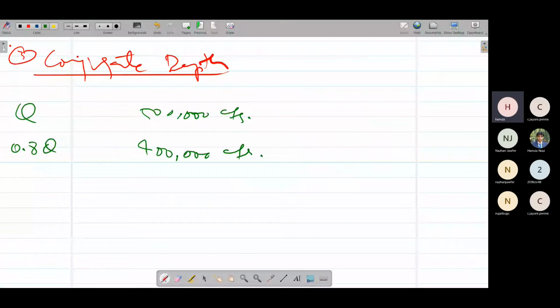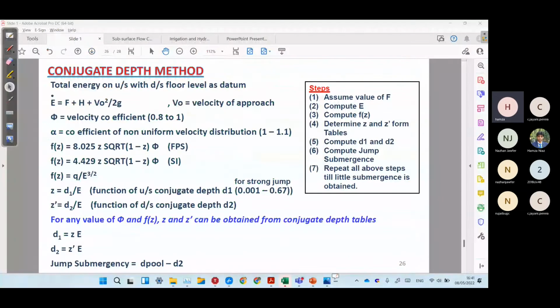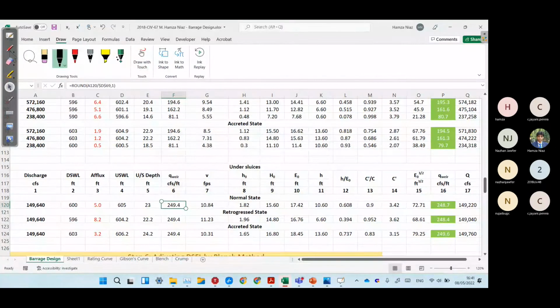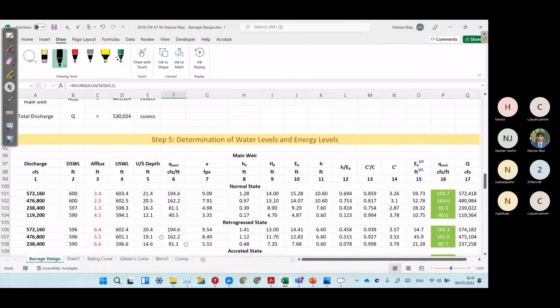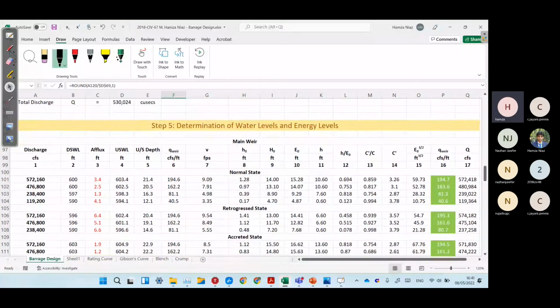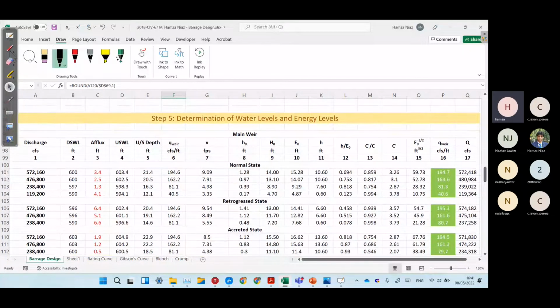For this discharge, we have to get the upstream energy level. We have to get the maximum and minimum, and design for both. So for upstream energy level, again we have to move to this graph, and here we have the upstream water level.